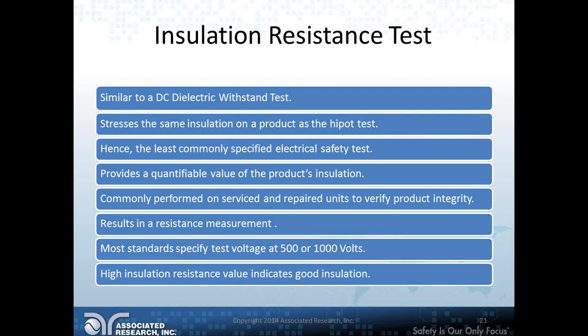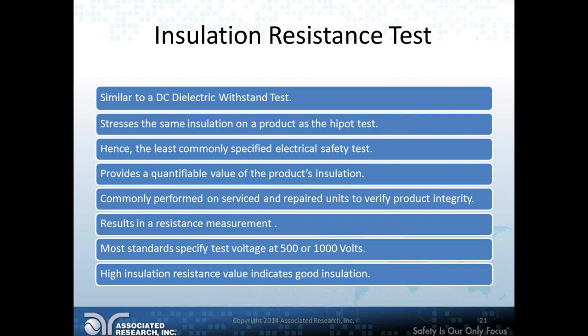If this was not the case, the insulation resistance tester would produce erroneous resistance measurements with consistently lower values.